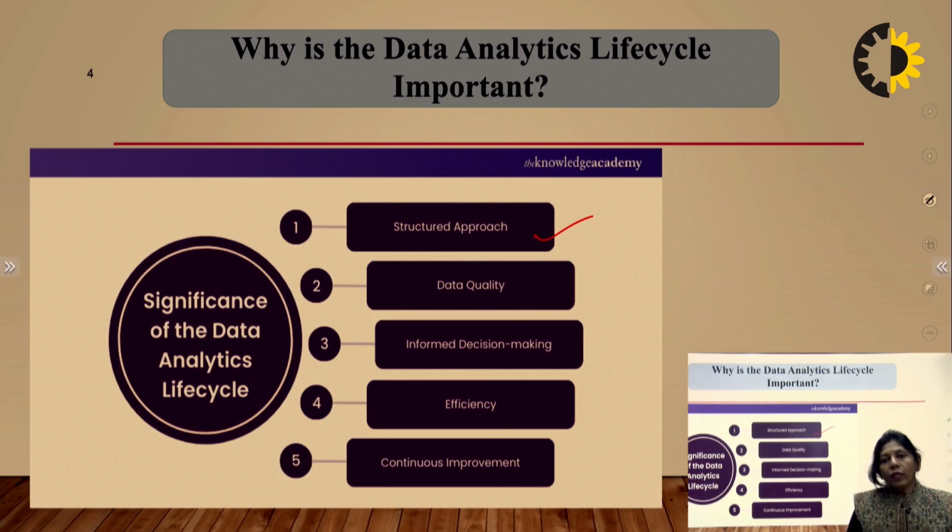Then, we need to check whether the data is of importance to us and is actually giving the result that we wanted. For that, we need to make sure that the quality of data remains intact. So the second thing is making sure the data is of good quality. Good quality doesn't mean that the data has a certain measurement of quality. It means that the data is actually the data that we required.